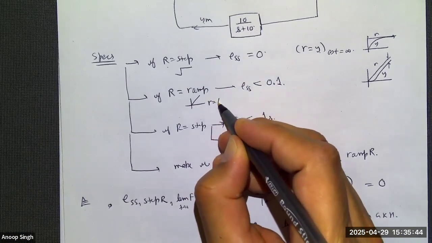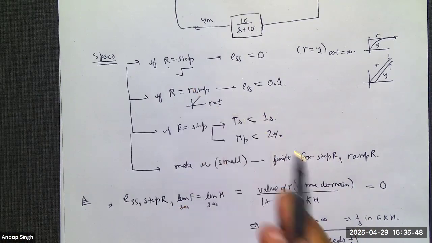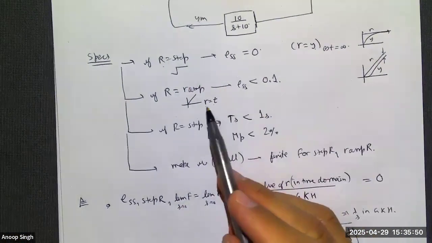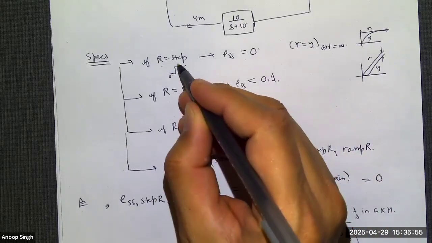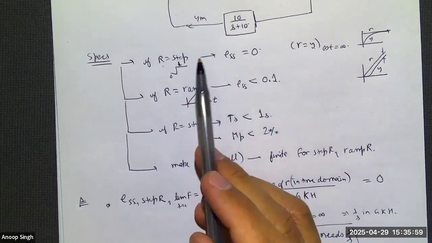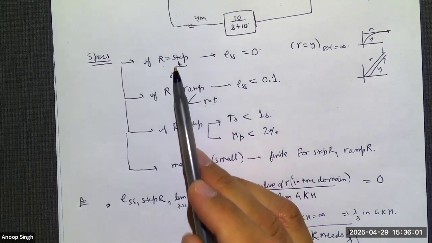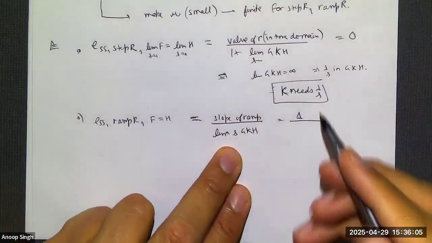So like R is equal to T. If R was equal to 2T, then the slope is 2. If R equal to 3T, the slope is 3. And this is by default 1. The step is 1 by default. Otherwise, I can say the step is like going from 0 to 2 or 0 to 3, whatever. So this is what we have.